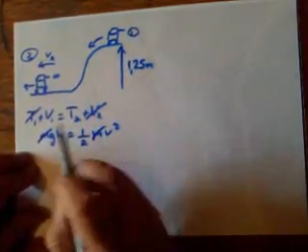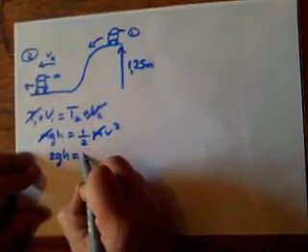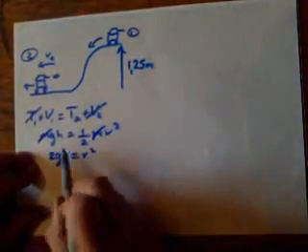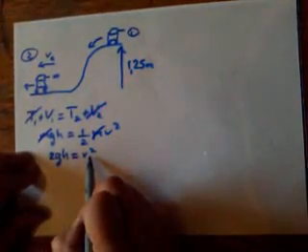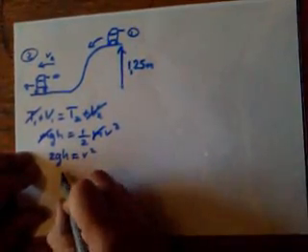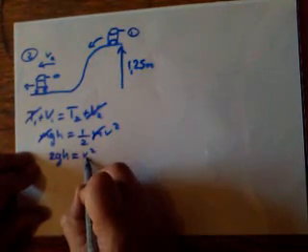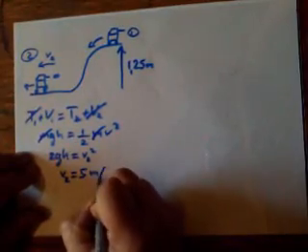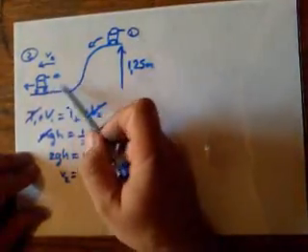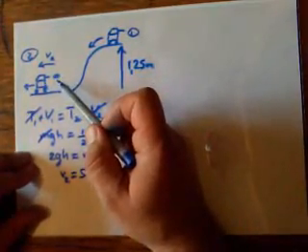Immediately the m's drop out, and 2gh is just equal to v squared. 2 times h, that's 2.5, times 10 is 25, is equal to v squared. That means v is equal to 5. I'm going to call this v2, so v2 is equal to 5 meters per second. So that is the velocity of the cart here before it has fired the projectile.